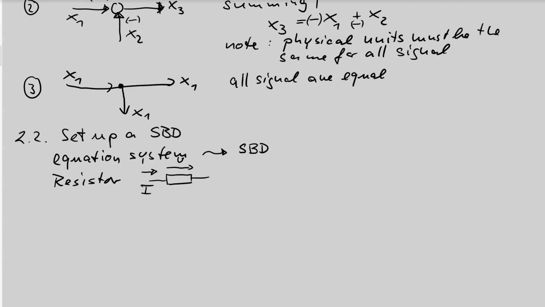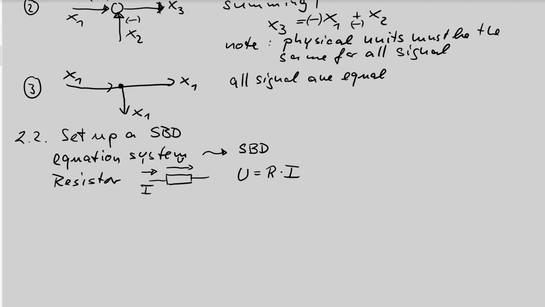The physical law of the resistor is Ohm's law, and you can say the voltage is the product of resistance times current. This could be a DC or an AC signal, so U is nothing else now than a dynamical function of the voltage, and I is a dynamical function of the current.